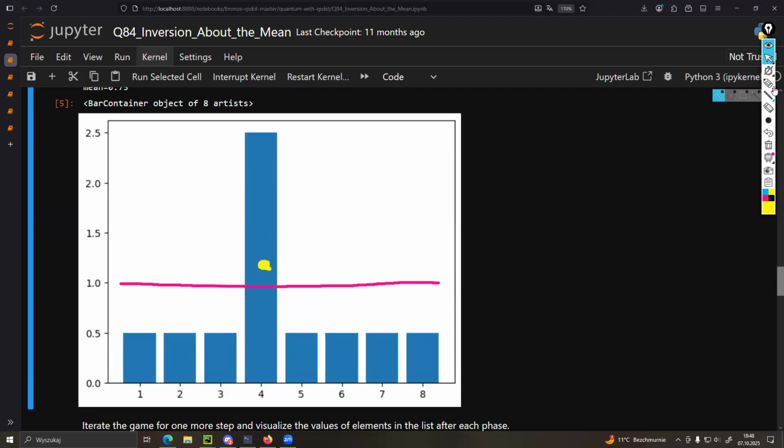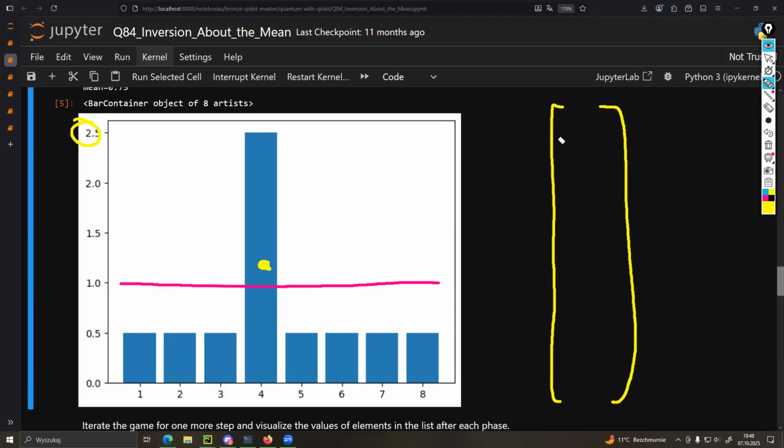Now we get these weights of probabilities of obtaining our result. Now I have a biased dice, a biased D8 dice, right? So I have a situation where my state vector would be something like this, 0.5, something, something, something here, right? And at the element 4, I would have 2.5.